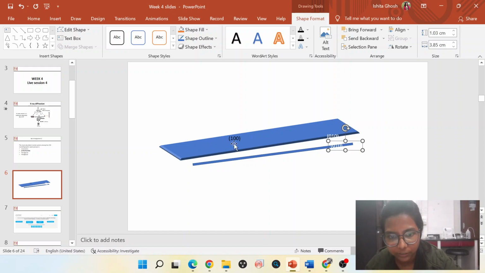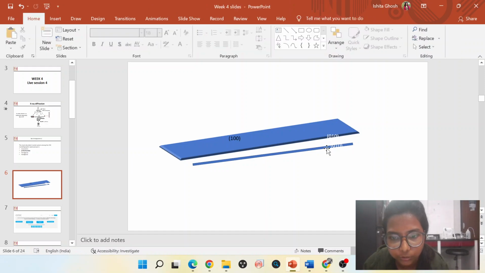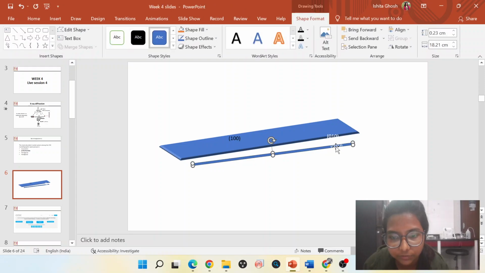And the top phase, which was the 100, will then become the minor phase. So when you exfoliate a crystal, you have to keep in mind that the faces can change. You have to face index them correctly.